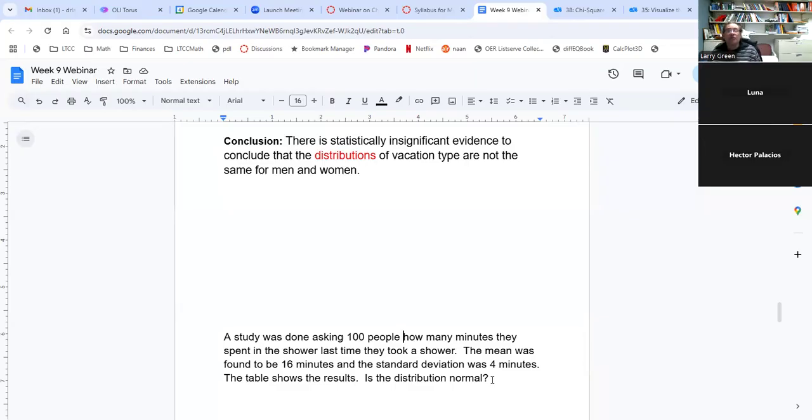Is the distribution normal? And we have seen in this class a bunch of times where you have to decide whether a distribution is normal. Now, for project 1, how did you decide whether a distribution is normal? Do you remember? Like, for example, could you use the empirical rule? That was in project 1, you had to do that.